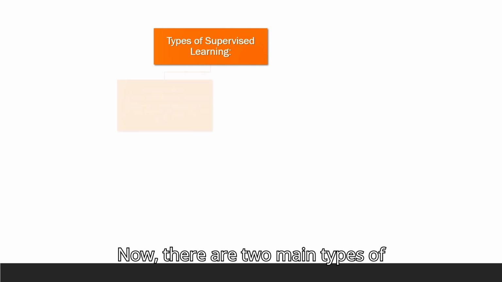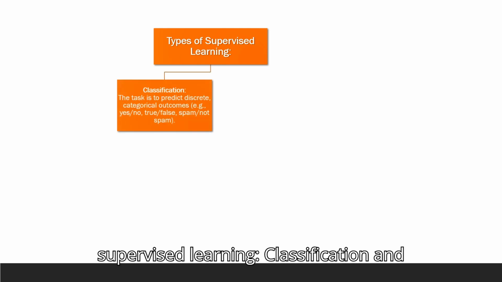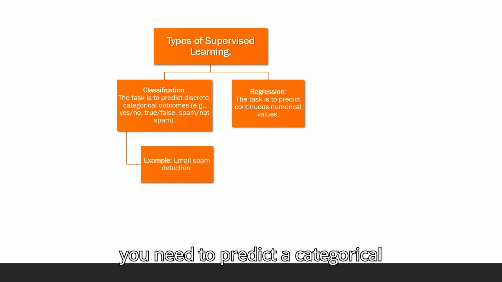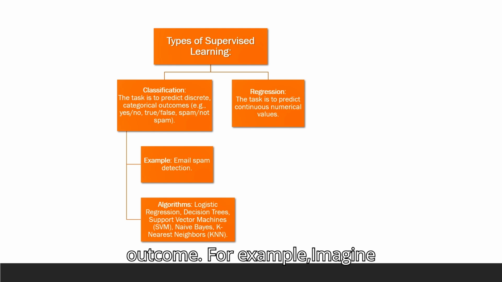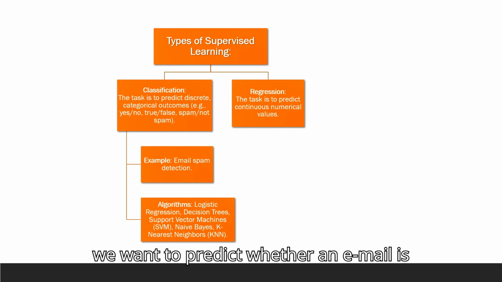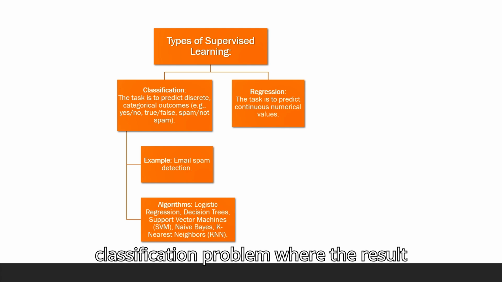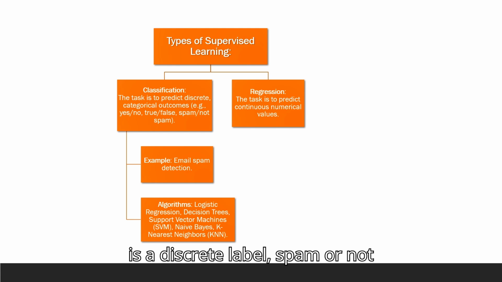Now, there are two main types of supervised learning, classification and regression. Classification is when you need to predict a categorical outcome. For example, imagine we want to predict whether an email is spam or not. That's a classification problem, where the result is a discrete label, spam or not spam.